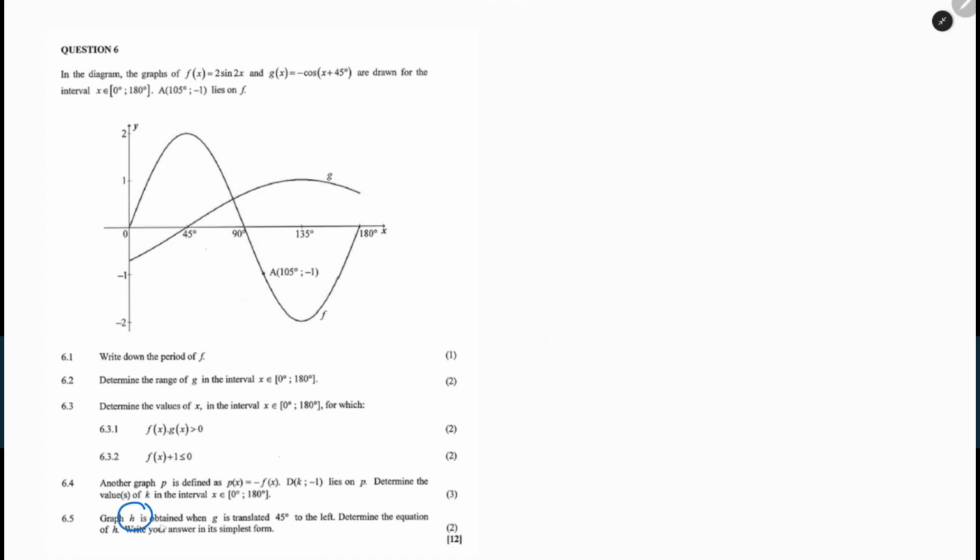6.5 says graph H is obtained when G is translated 45 degrees to the left. Determine the equation of H. Write your answer in its simplest form. Okay, so we've got G of x is equal to minus cos of x plus 45, right?